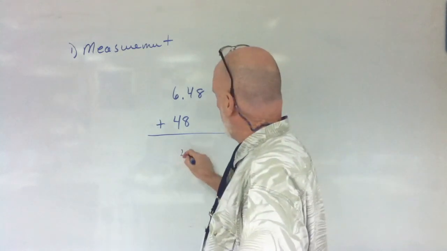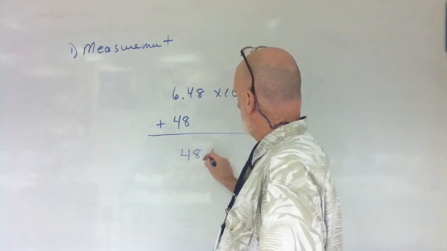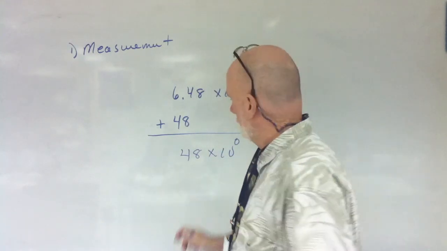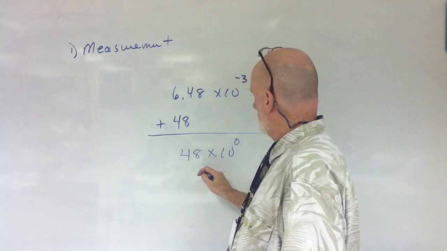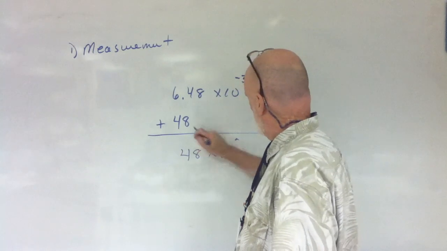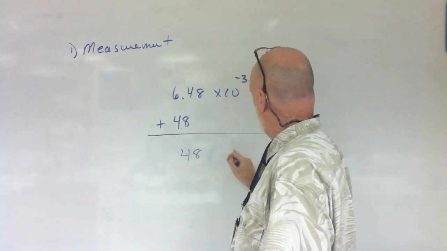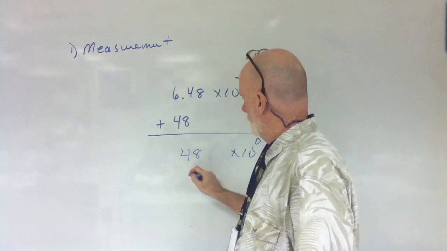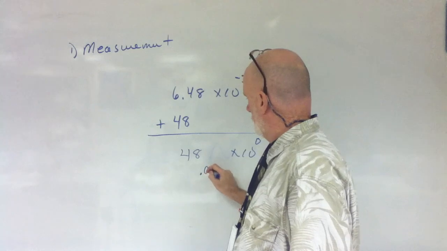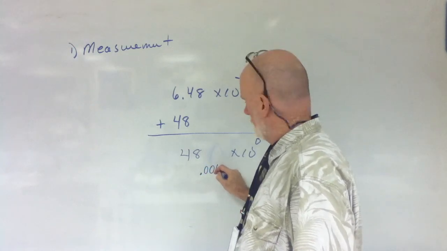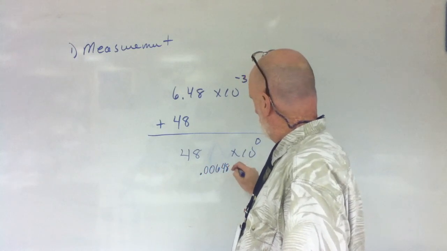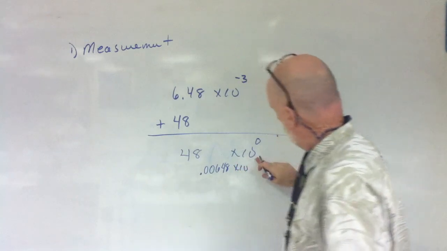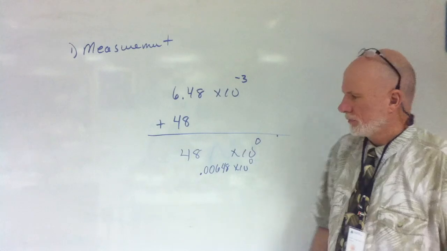So it would be 48 times 10 to the 0, and then this would be 0.00648. Yeah, to the 0. Okay.